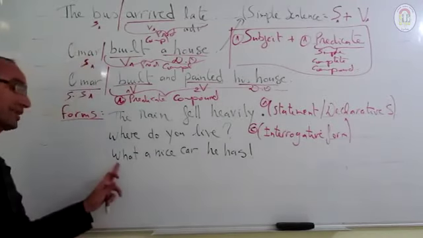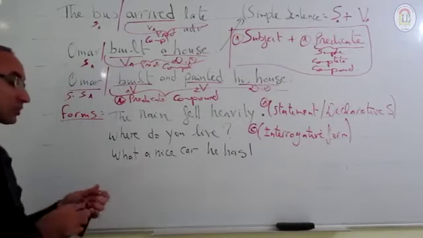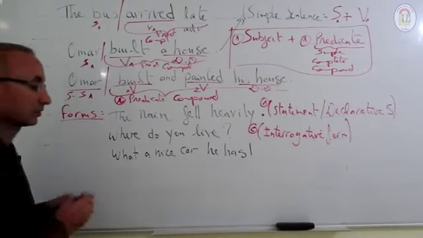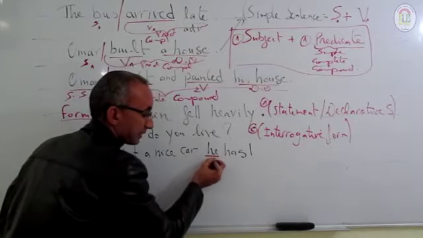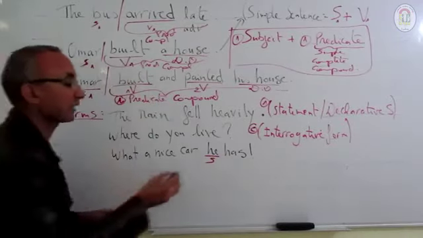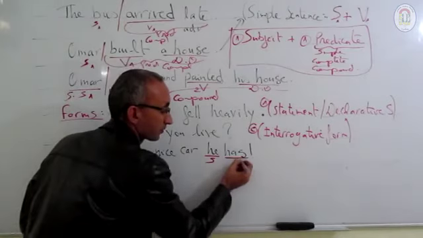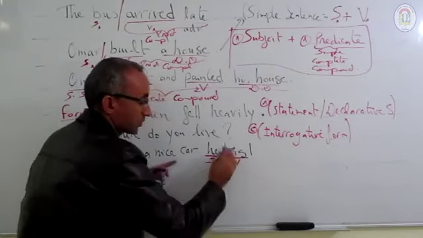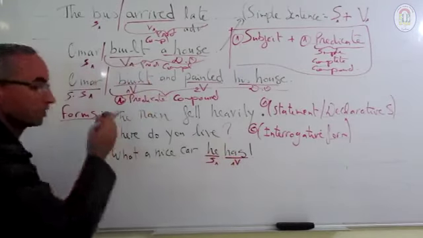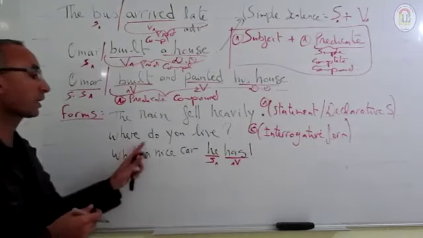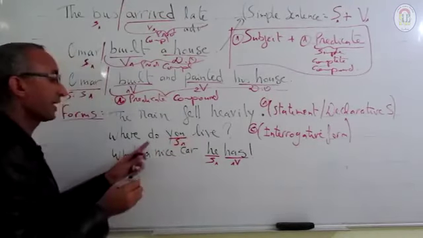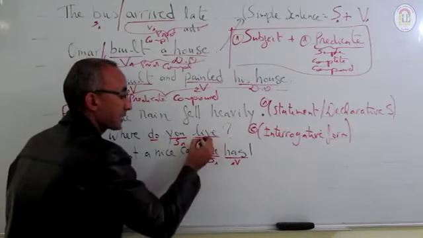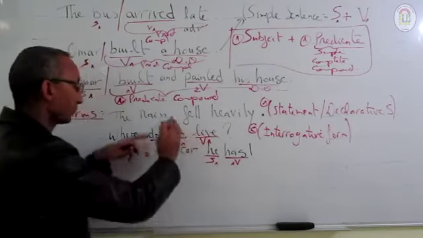Now this, of course, is a sentence. Why? Because it contains one simple subject, he, and it also contains one verb, within the predicate. Here also, where do you live? I have my subject, which is you, and do live as my only verb within the predicate.